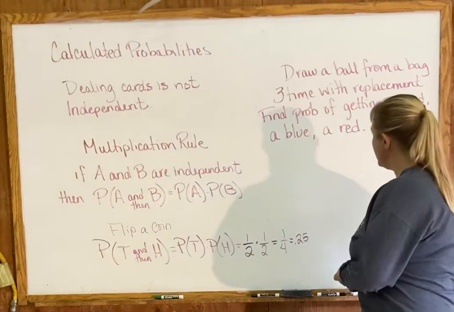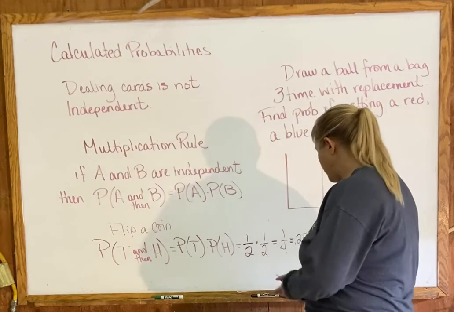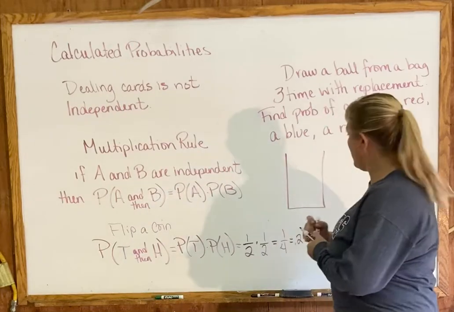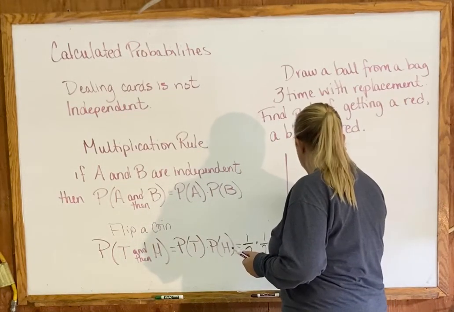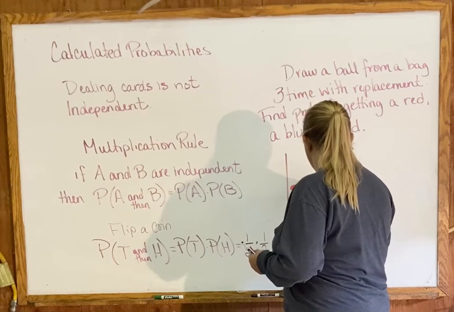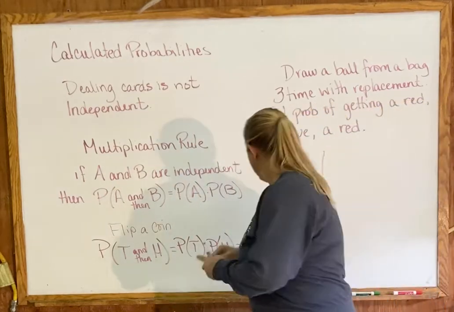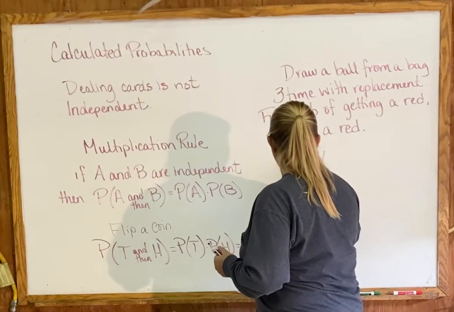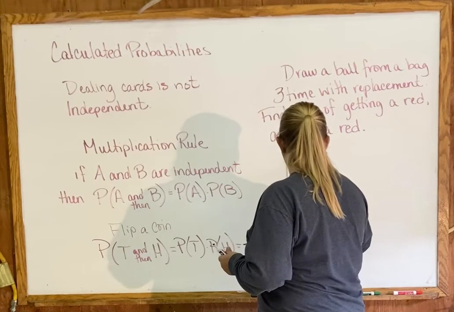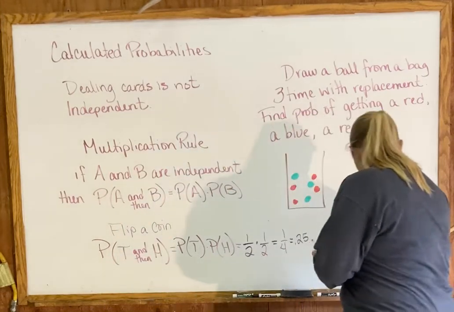Okay, and let's see, here is our bag. Where's my blue pen? We'll start with the red. Let's say there's some green balls in here, and I have a bright blue, so we just have to use this blue.